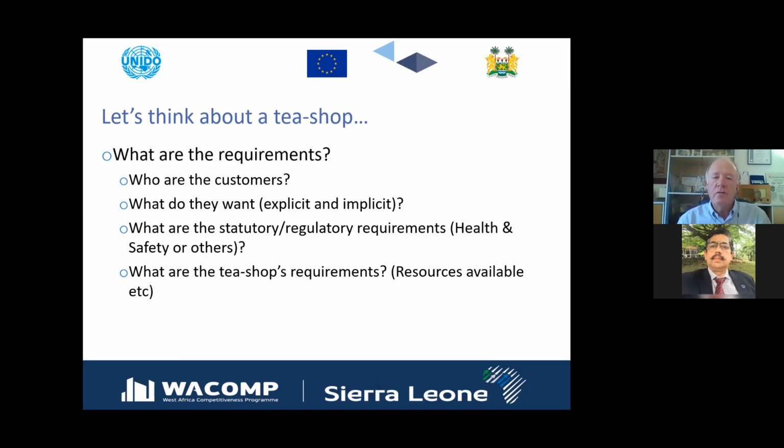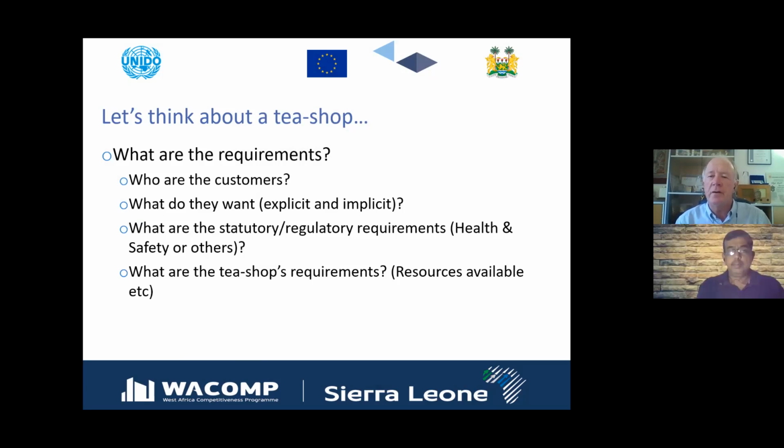Now, those requirements may be different depending on the kind of tea shop or coffee shop that we're dealing with. If somebody just wants a very quick cup of coffee or cup of tea on their way to work, then of course, some of the key requirements will be speed. They're not worried about having a very pleasant ambience and being able to sit around and talk to their friends.